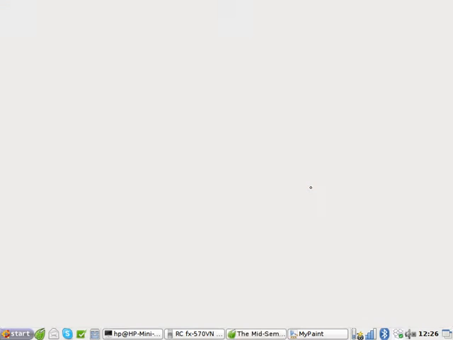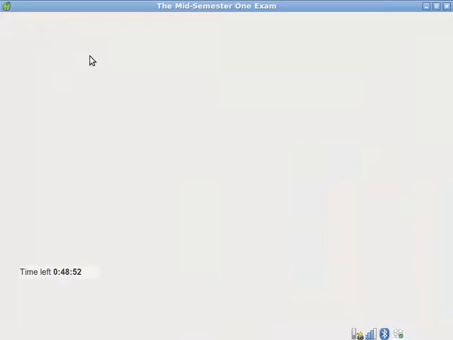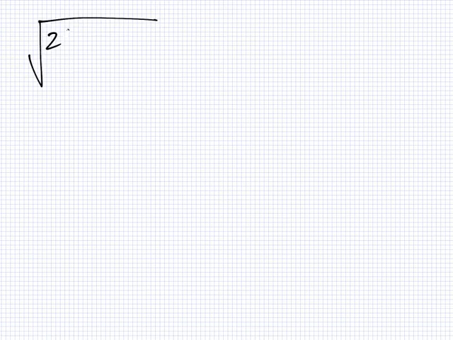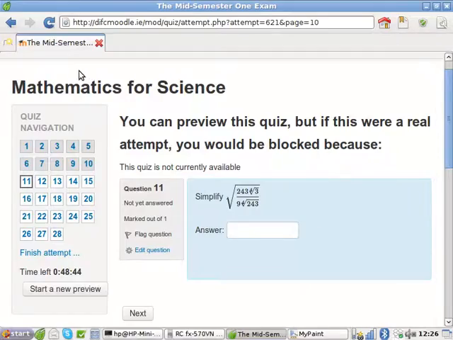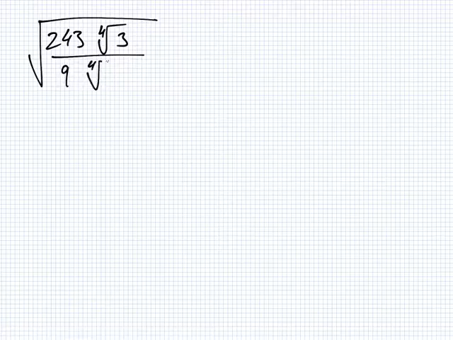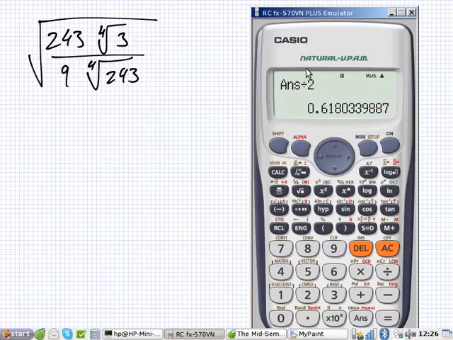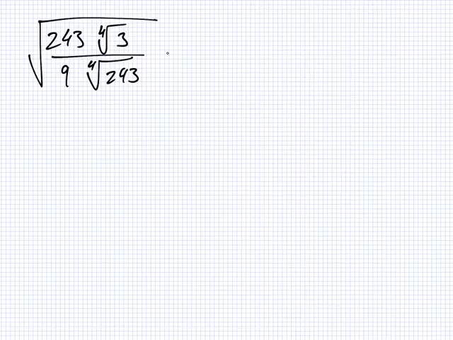What have I got? Square root 243 times fourth root 3 over 9 times fourth root 243. Right, so the first thing I can do is something with that 243 and 9. It's going to be 27.